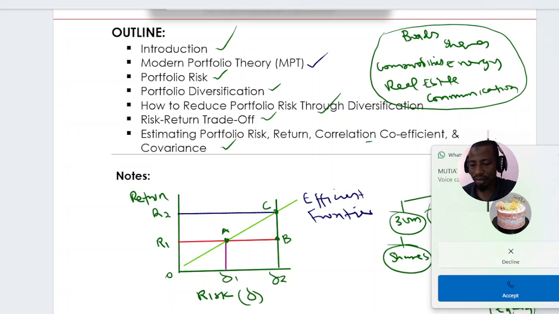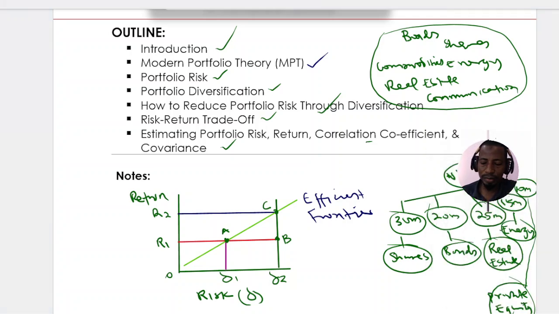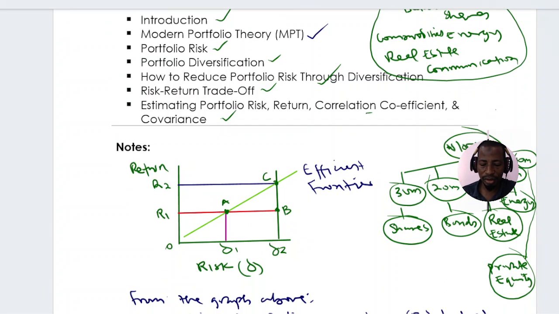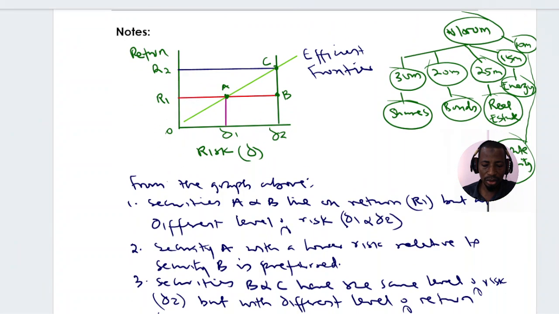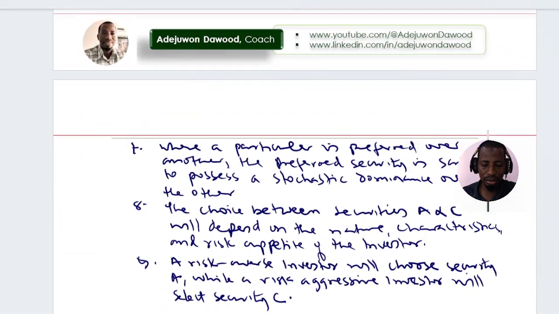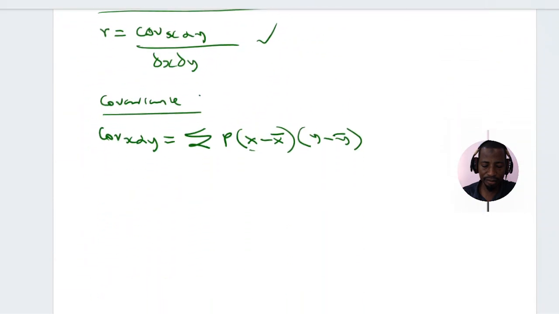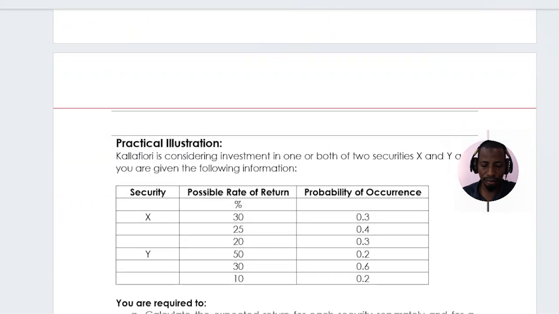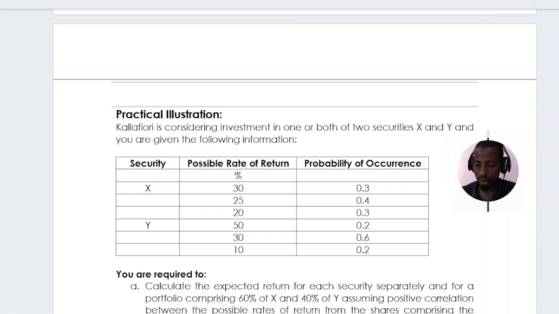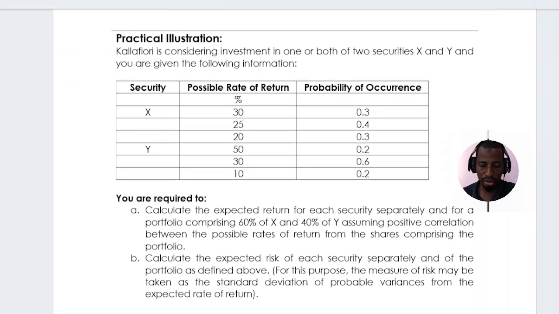All right, so let's move on. Now, the next thing we want to do is to have practical illustrations, so that quickly within the next few minutes we are done. Let's have this illustration.